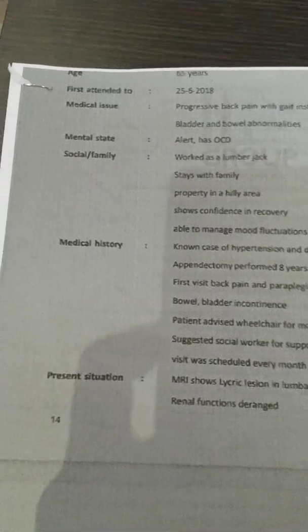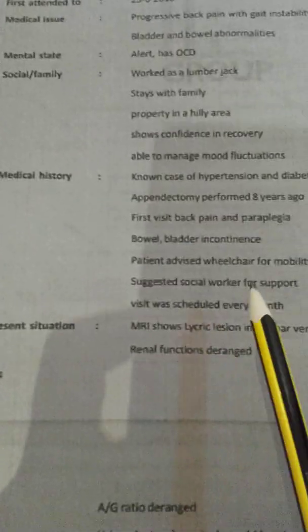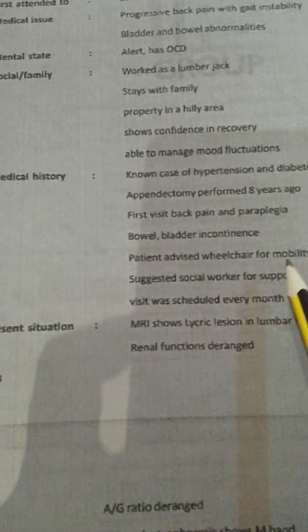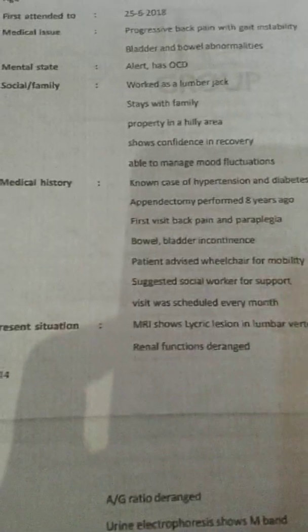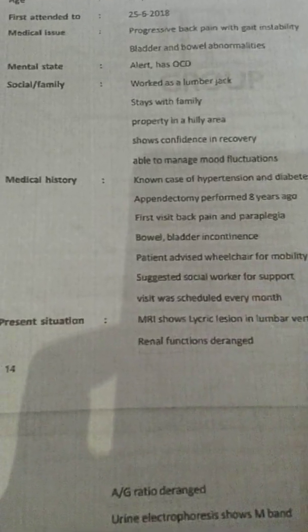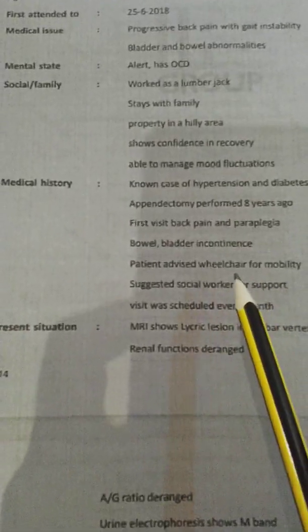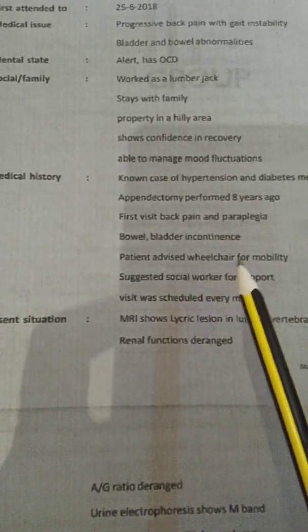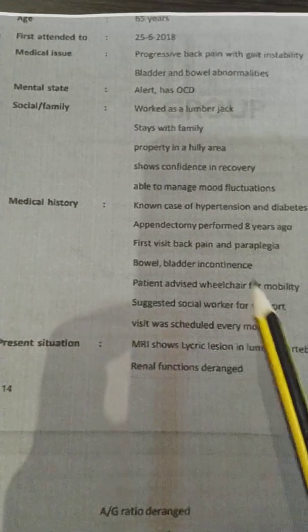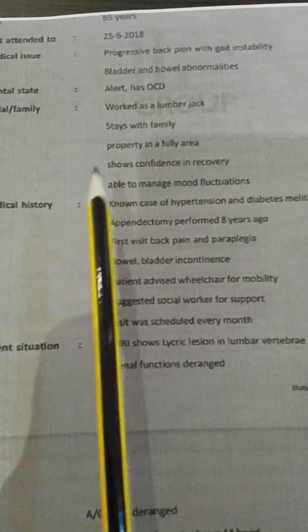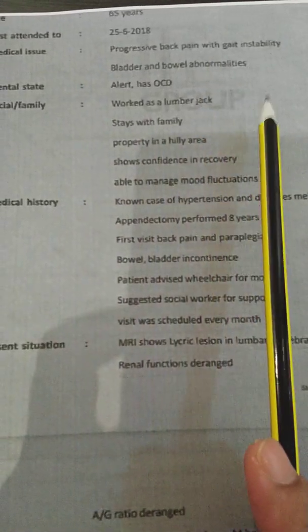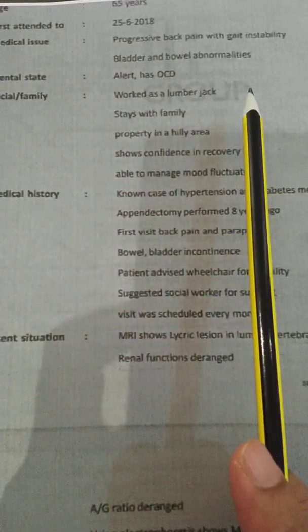So first of all we have to mention the address, then the current date and the salutation, Dear Dr. Maria. So the reference, the name was given, Mr. Wayne Johnson. The age is 65 years. So what all things we have to inform the oncologist?